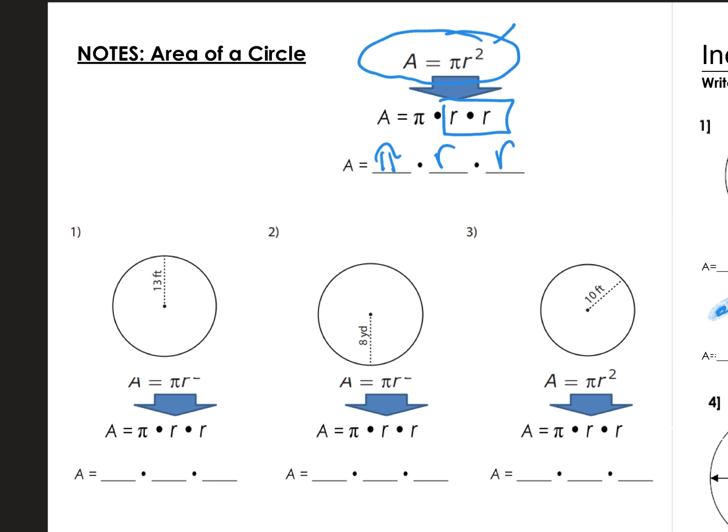So the 3 steps that I want you to use when solving for area of a circle: first, we need to identify the radius. That's important. In order to find the area of a circle, we need the r, we need the radius.